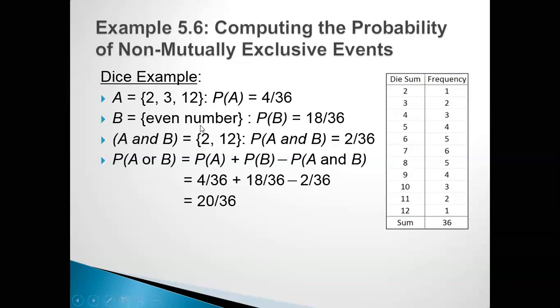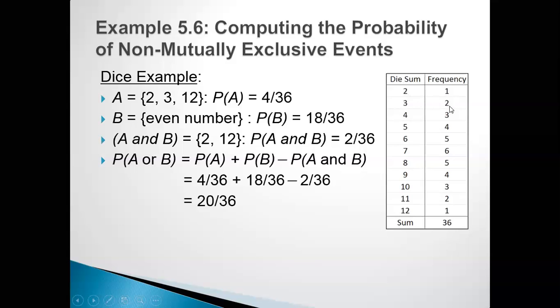Then B is even number. So all the even numbers are here, right?